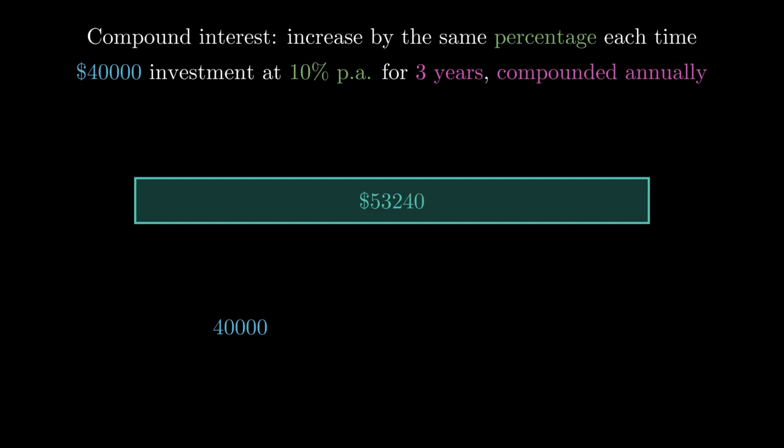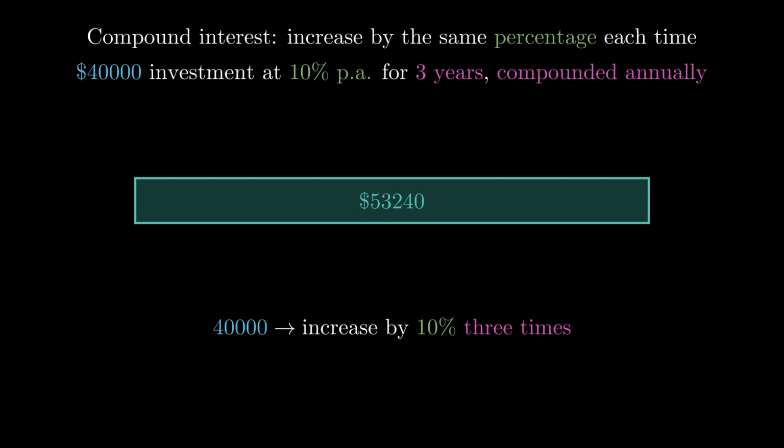Those two things will be really important to keep in mind. Now in this case, because it's compounding annually, we're thinking in years, so the percentage is just the given 10%, and the money gets to grow 3 times. But things will change if we're not compounding every year, which we'll look into in the next example.